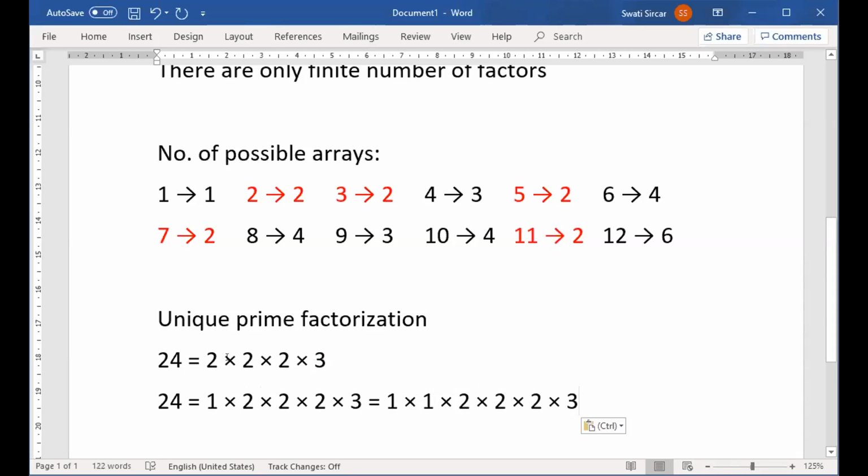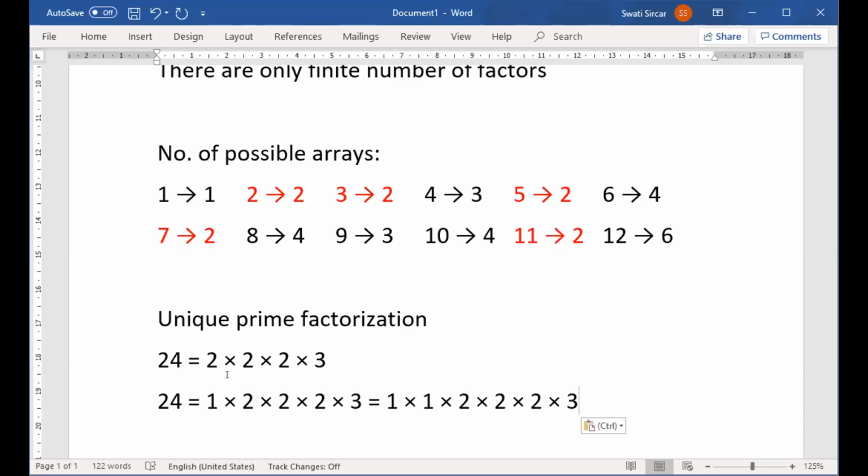So this uniqueness is gone the moment you allow 1 to be a prime number. So that's a problem. That is why we cannot let 1 be a prime number.